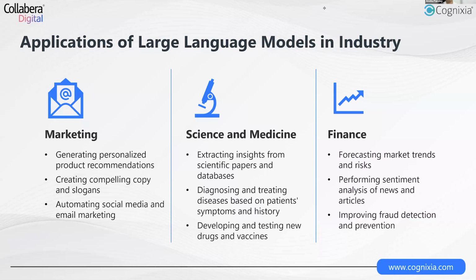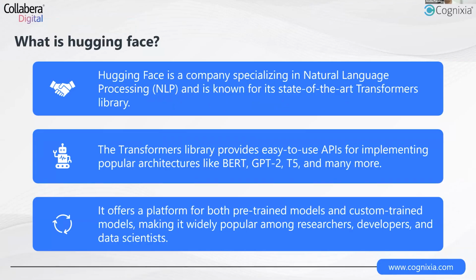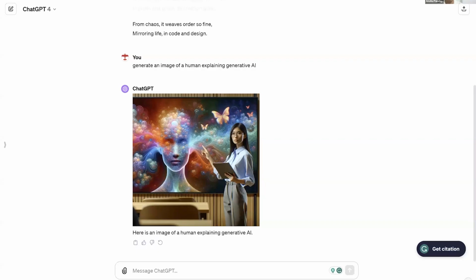Now, one of the very popular ways to consume a large language model is where you can go ahead and use the Hugging Face API. The Hugging Face API allows you to access multiple pre-trained models. The symbol is actually the logo of Hugging Face. If you haven't ever tested the Hugging Face API, I would strongly recommend you go to Google and search for Hugging Face.